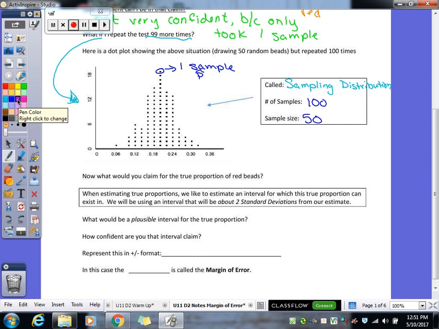Doesn't it kind of look like my majority is in between here? What would be in between 0.18 and 0.24? 0.20. So I would say that my true proportion, P, is approximately 0.20.